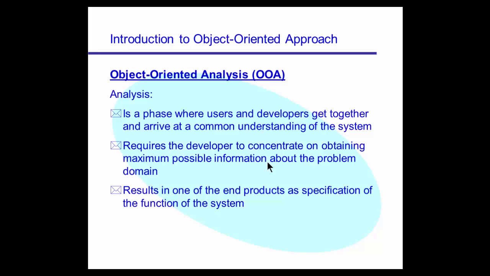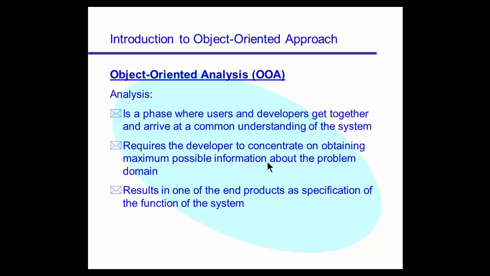There is another important phase carried out in the analysis part of the object oriented approach. The next one requires the developer to concentrate on obtaining the maximum possible information about the problem domain. The developer, whoever is going to develop the system based on the user requirements, has to acquire the maximum possible information about the domain, meaning whatever platform he is going to use to develop the software system.